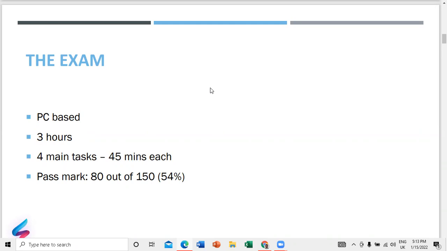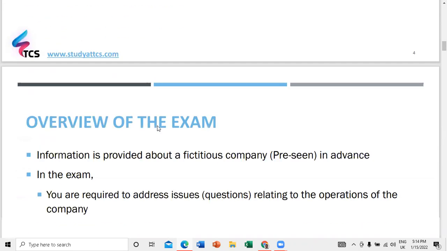And the paper is a 3-hour paper, which consists of 4 main tasks, and the time allocation for each task is 45 minutes, and the pass mark is 80 out of 150, or 54%. Right, so that's the exam.